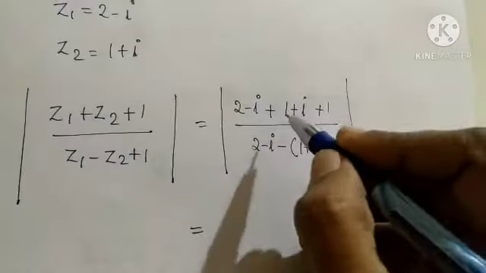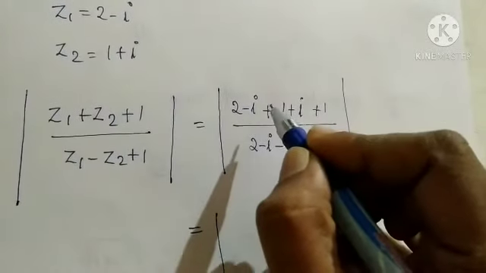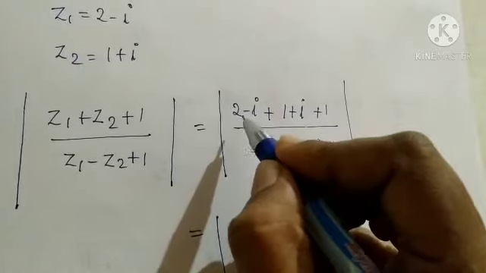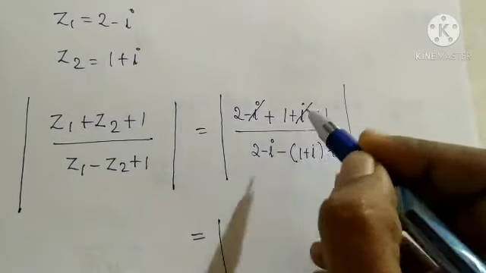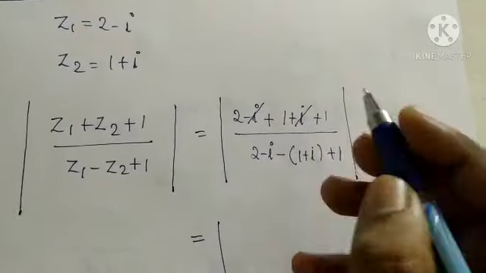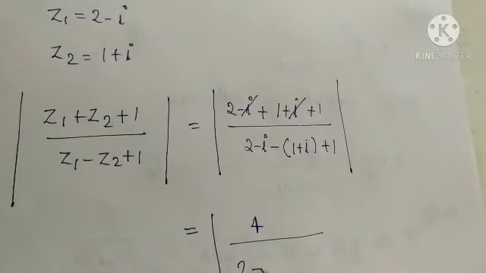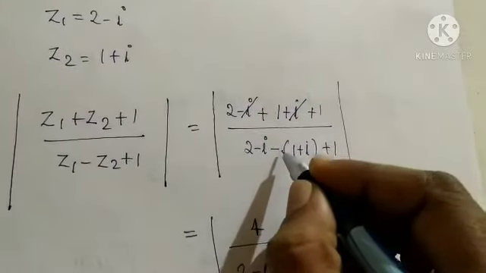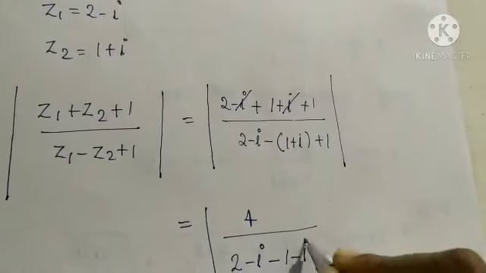Here the numerator will become, if you observe, minus i and plus i will cancel each other, and the numerator value is 2 plus 1 plus 1, that is 4, divided by, in the denominator, 2 minus i, open this bracket, it will become minus 1 minus i plus 1.